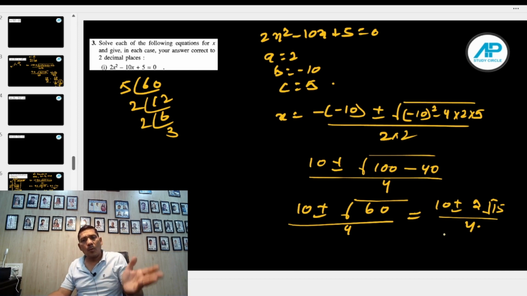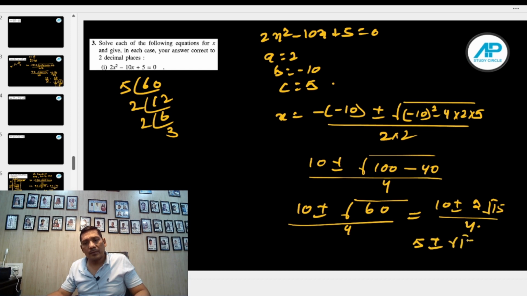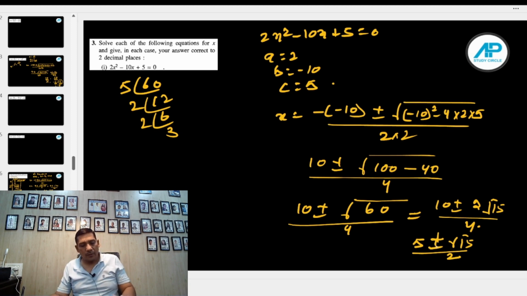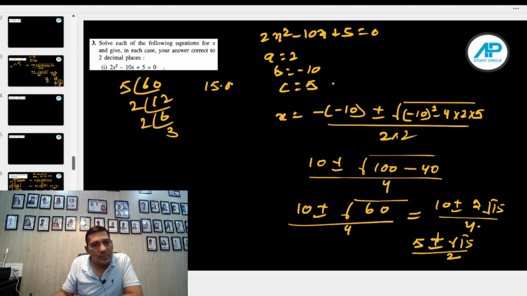We can take a 2 common at most. 5 plus minus root 15 upon 2. You have to find out the root of 15. Now the answer is required in two decimal places. I will suggest you find the root of 15 in 3 decimal places.